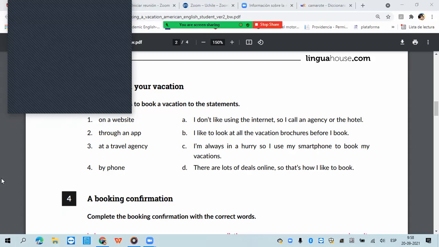Which of these ways do you use, or would you use if you had to, to book your vacation? On a website? Personally, at a travel agency? Which one would you choose?